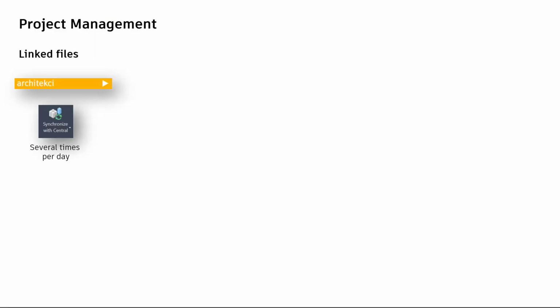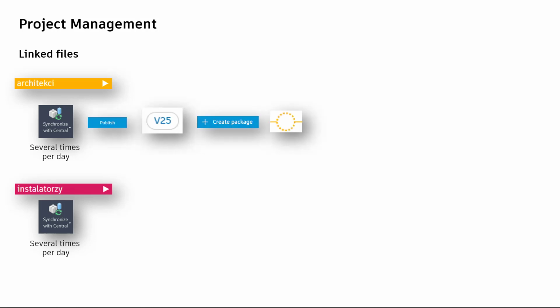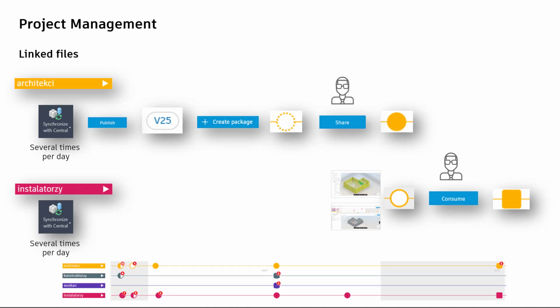But how is the data sharing process handled by the system? So we have a dedicated graphical interface to help the entire process, with a colored timeline clearly presenting who, when, and what data, and in which version. We were discussing versions before, has been shared.